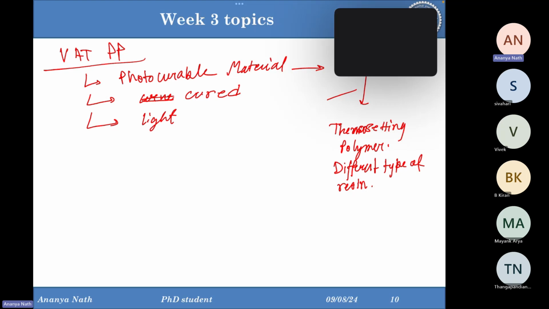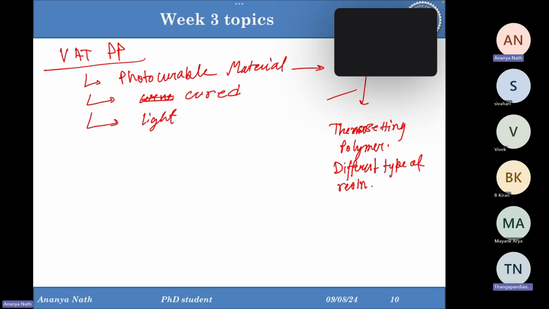Okay. So the hint was photocurable. What do you mean by photocurable? Anyone? Any idea? As the name suggests, if the light falls over the resin, the monomer will convert to polymer. Okay. So if we expose the liquid resin to a particular light, the resin will get solidified.